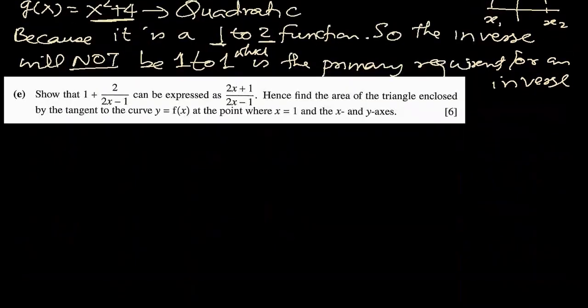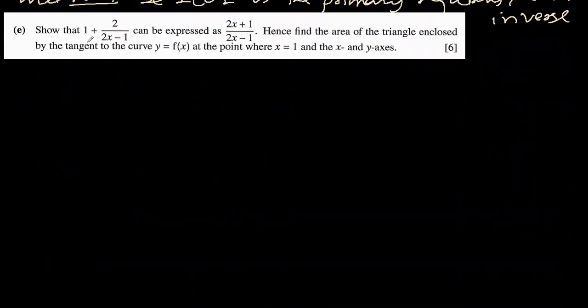All right. Show that 1 plus blah blah blah can be expressed as this. Okay. So let's rewrite 1 as 2x minus 1 over 2x minus 1, and we already have 2 over 2x minus 1, right?